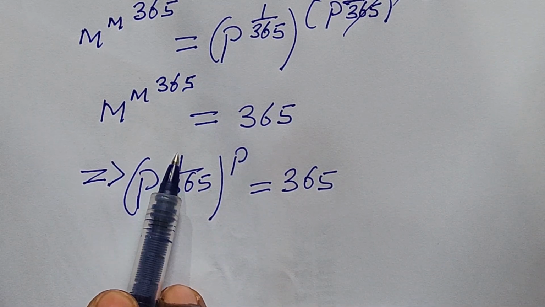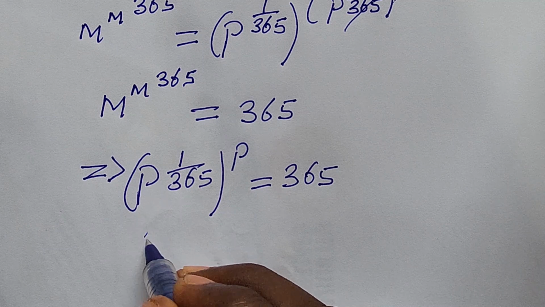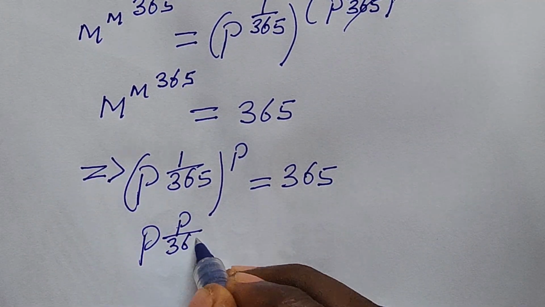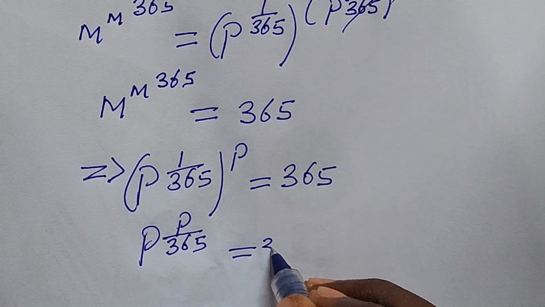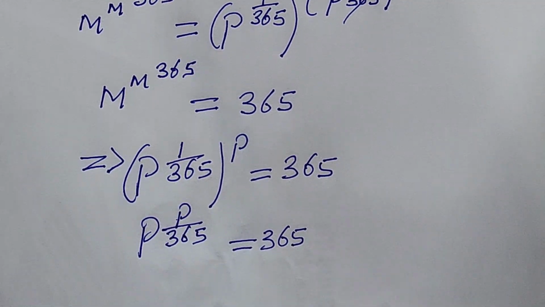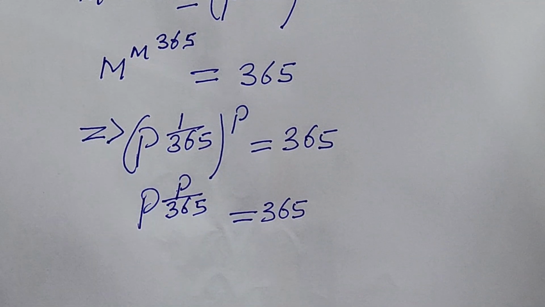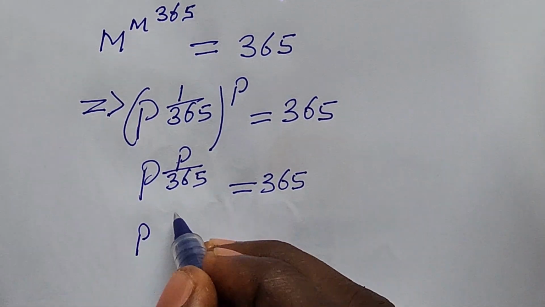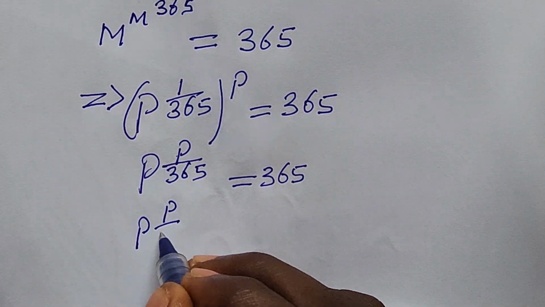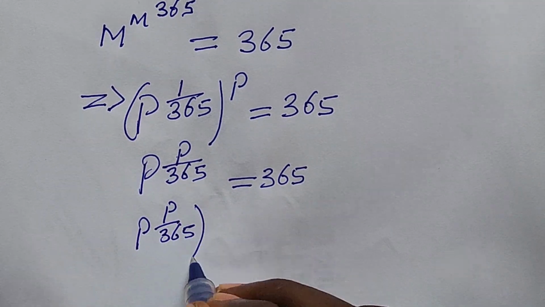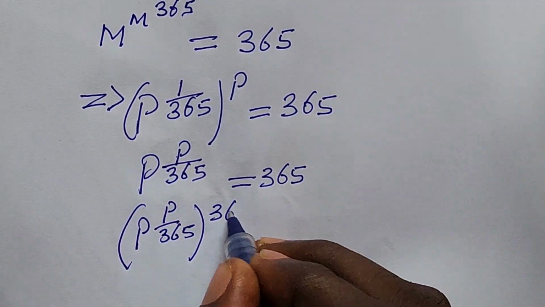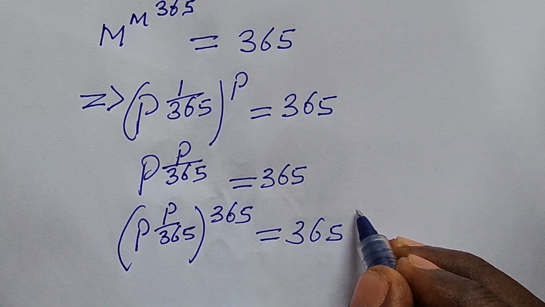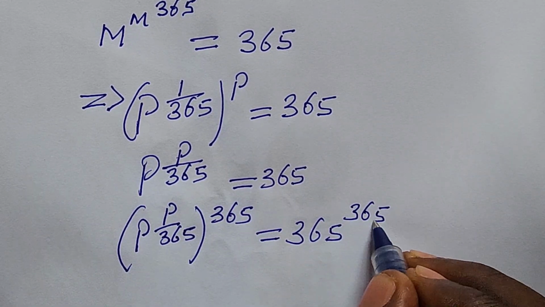So let's multiply this with the power here. So we're going to have p to the power of p over 365 is equal to 365. I want to raise both sides of the equation to 365. So if I do that, I'm going to come up with (p to the power of p over 365) all to the power of 365 is equal to 365 to the power of 365.